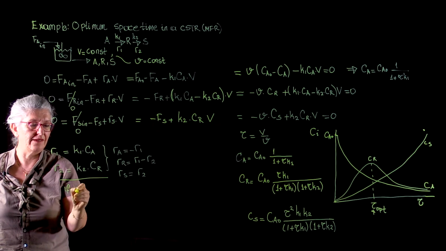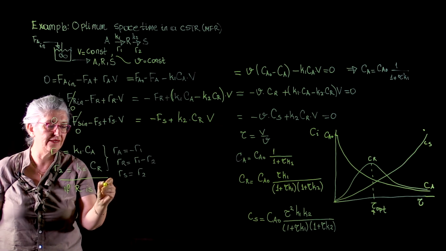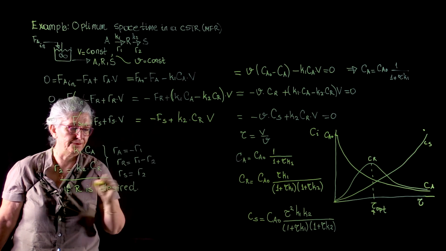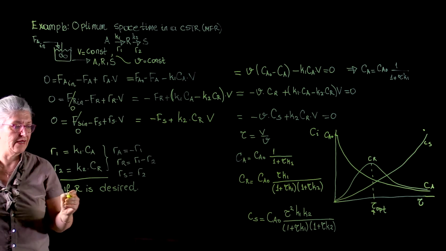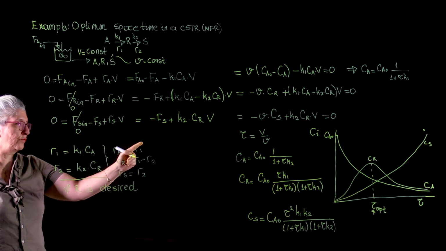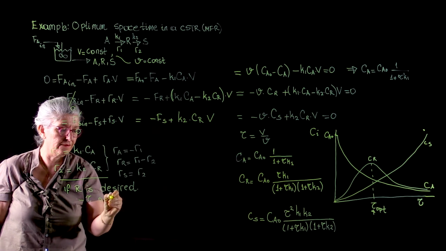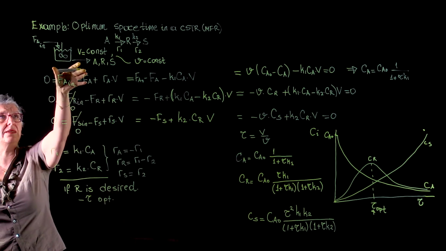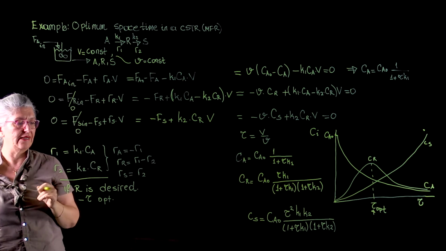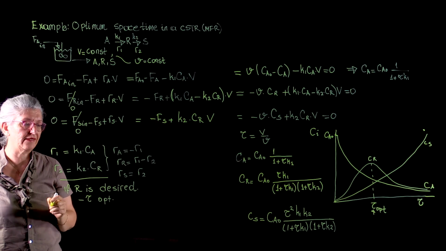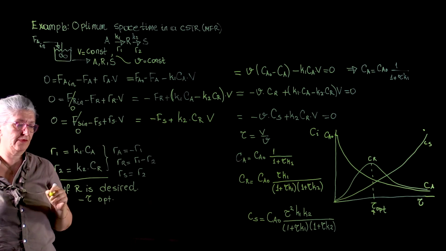If R is desired, we can use an optimum. Get a simple CSTR and find the optimum tau and operate your reactor at that optimum tau.